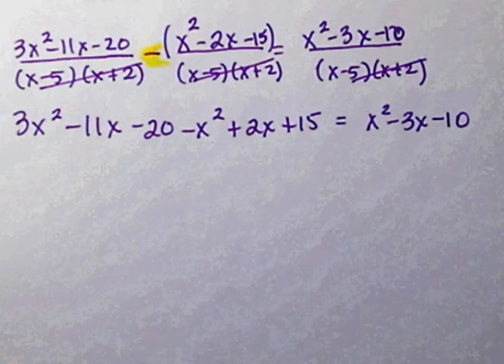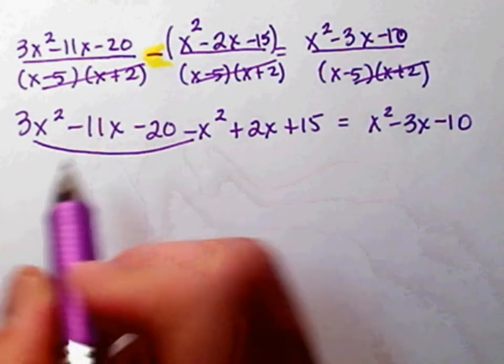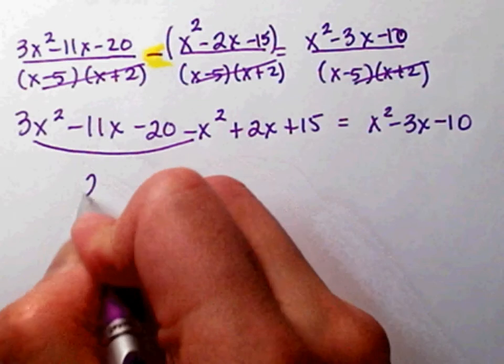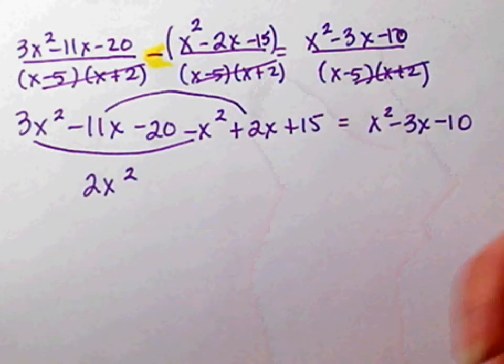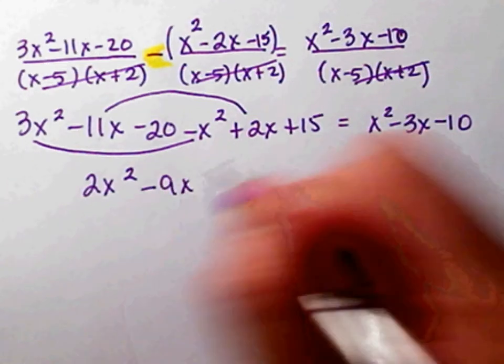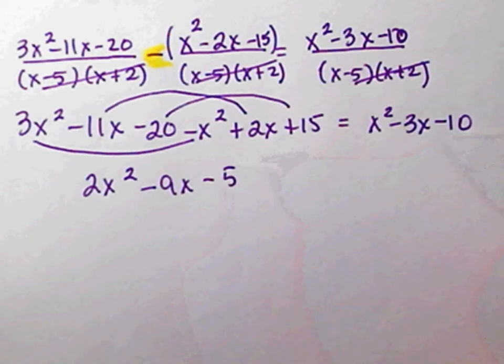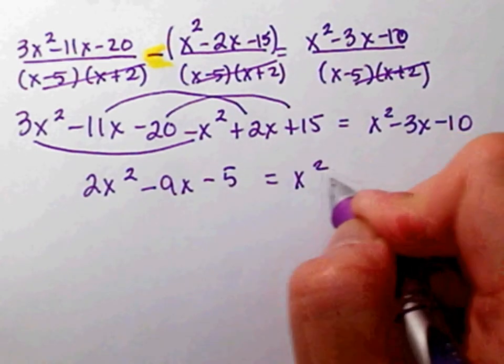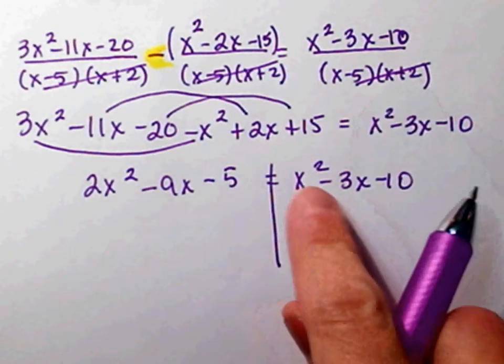Combine your like terms. 3x squared minus x squared is 2x squared. Negative 11 plus 2x, negative 9x. Negative 20 plus 15, negative 5, equal x squared minus 3x minus 10. Okay. Notice the square, set it equal to 0.